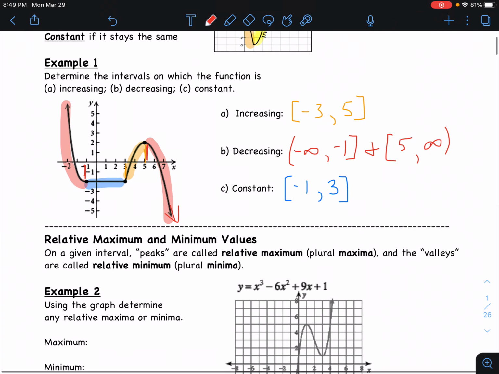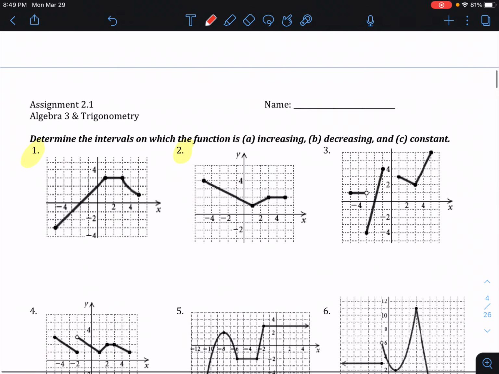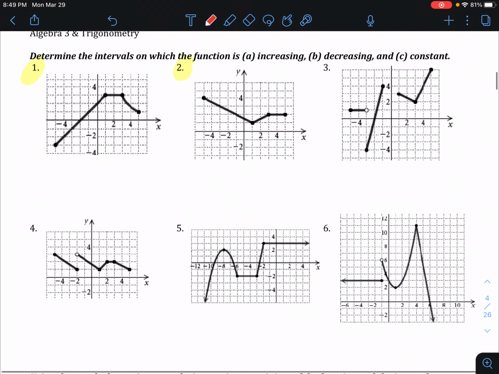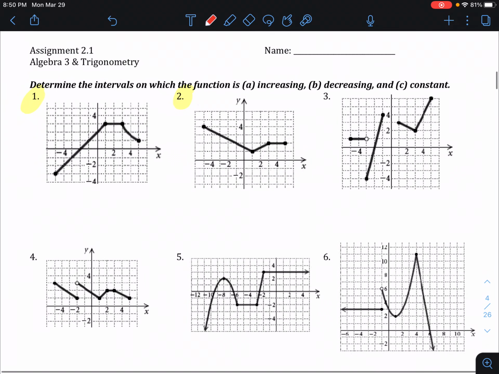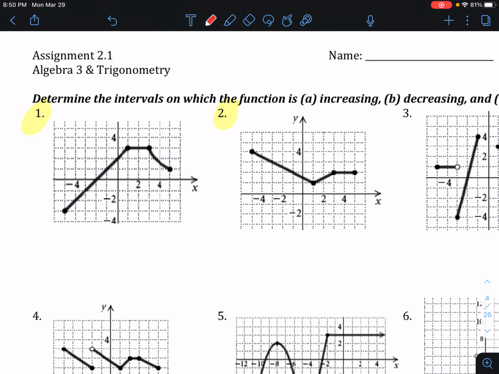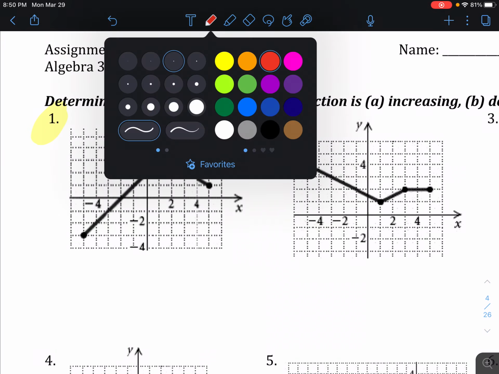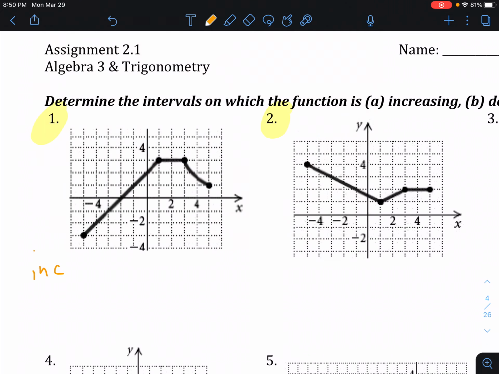Okay, so let's scroll down. I want to show you a couple more examples. One is not enough here. So let's take a look. I'm actually going to bang out a couple of your homework problems, numbers 1 and 2. So we're going to do increasing.